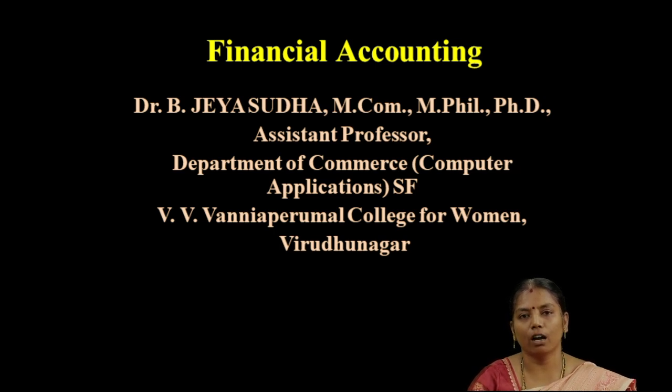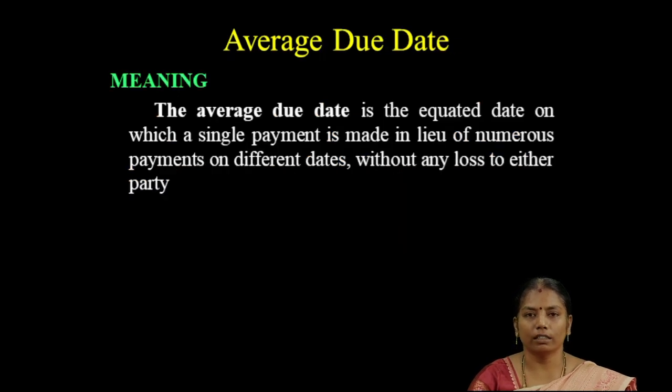If we pay the amount on the first date, it will affect the paying party, and if the payment is made on the last date, it will affect the receiving party. It should not affect both the parties. For this purpose, we have to find the balanced date.